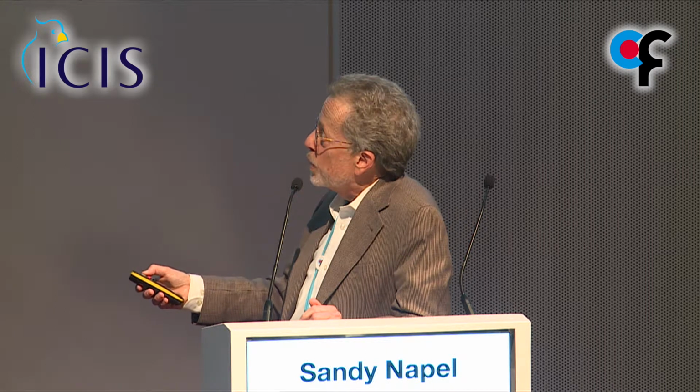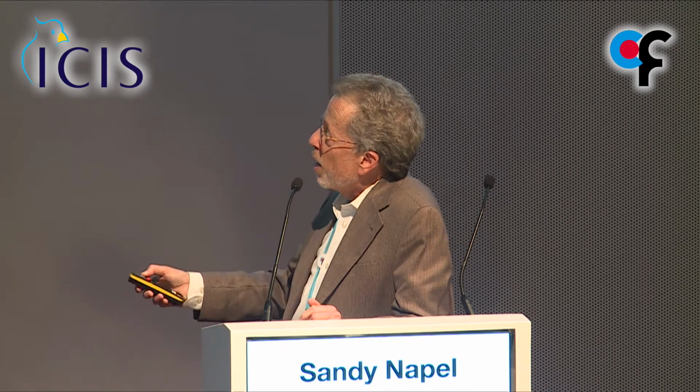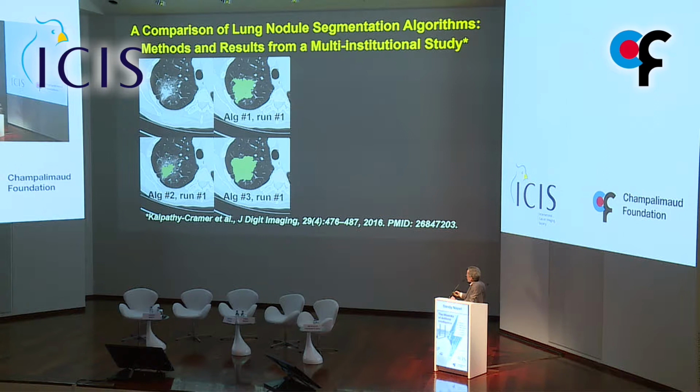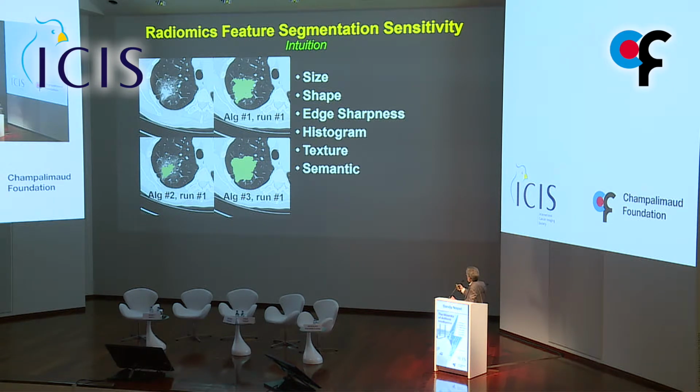Here's an example of non-small cell lung cancer. 3 different algorithms, algorithm 1, 2, and 3, all get 3 different answers on this part solid, part ground glass nodule. And this is really only 1 of the 3. You can see these don't agree very well, and therefore the downstream radiomics are going to be problematic depending on whose segmentation algorithm you used.